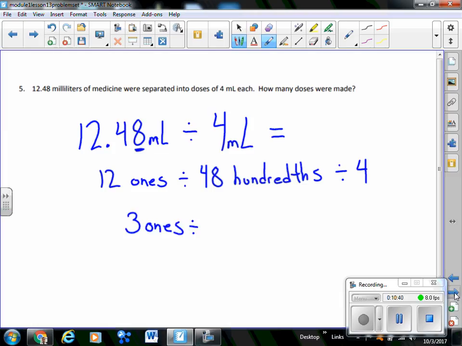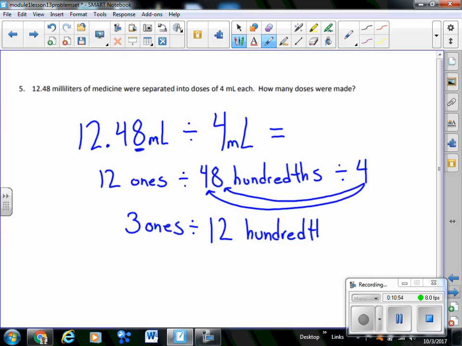Divided by 4 goes into 4 once. 4 goes into 8 twice, gives me 12 hundredths. And if we put that together, we have 3 ones and 12 hundredths.